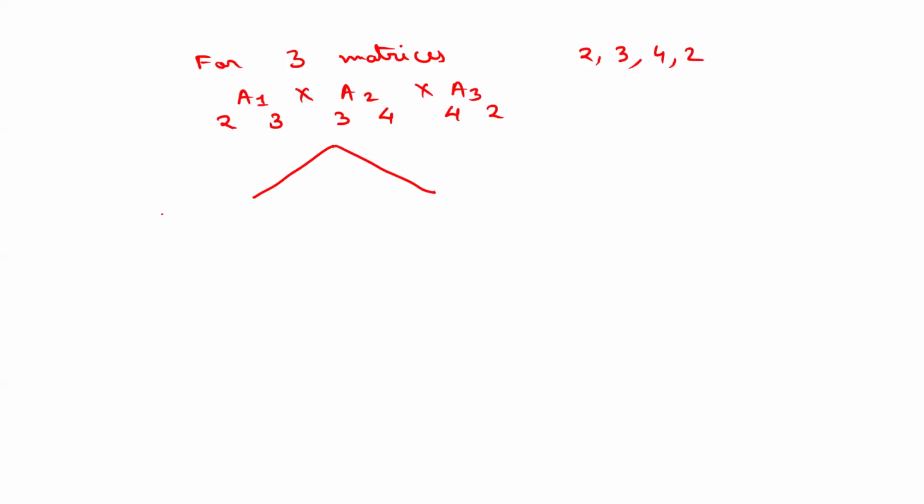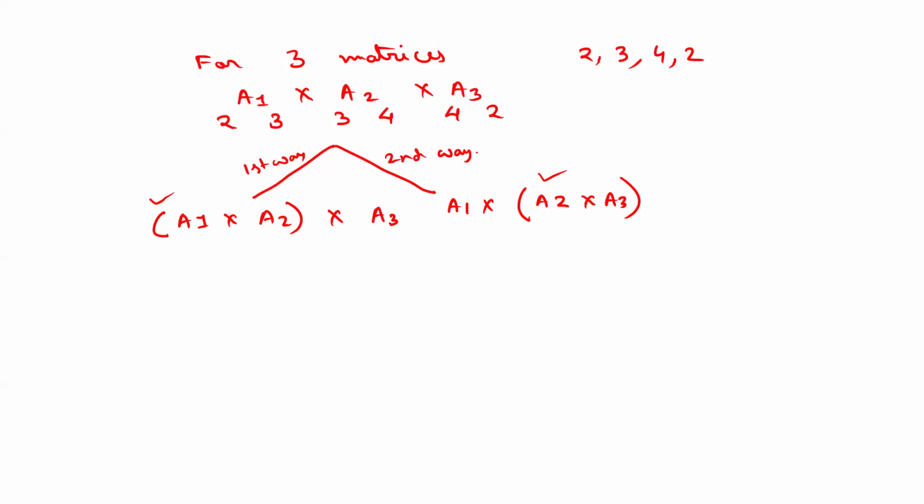First, we can multiply A1 with A2, then multiply the resultant matrix with A3. Another way is to multiply A1 with the product of A2 and A3. Either you can go for the first way or the second way.